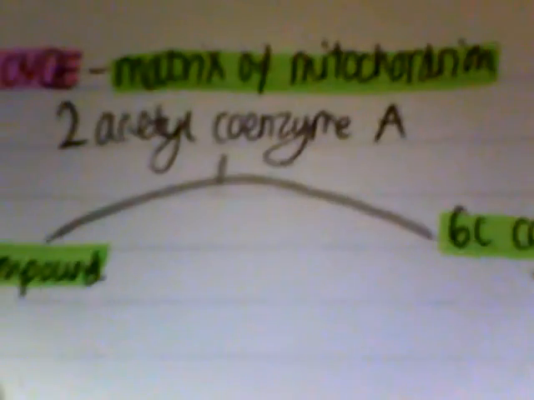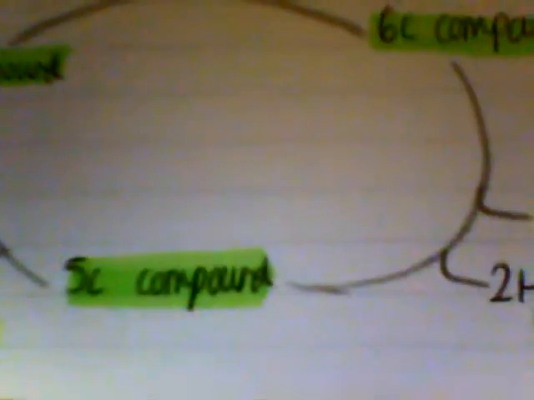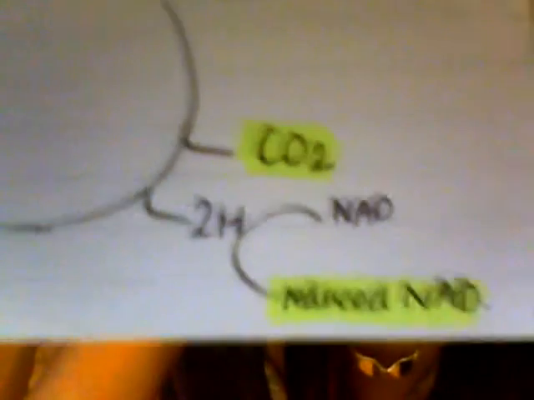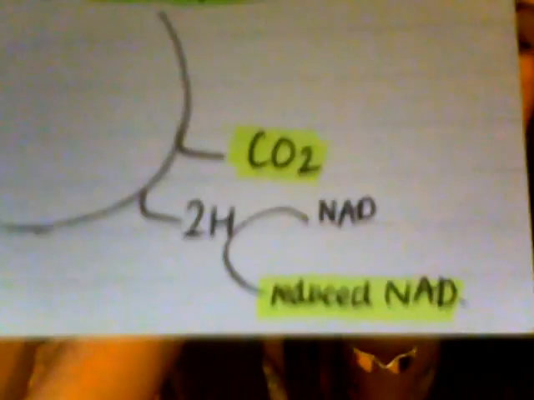And you got your 2 lots of acetyl coenzyme A, it breaks down, it's basically a 6 carbon compound, then it breaks down into a 5 carbon compound by removing CO2 and 2 hydrogens. But those 2 hydrogens are stolen away by naughty little NAD. There he is.